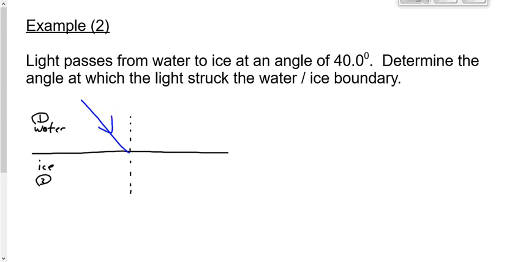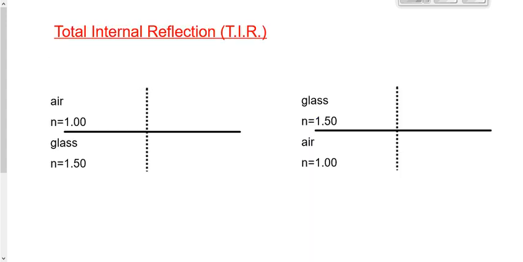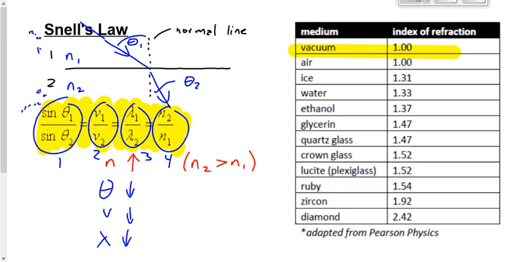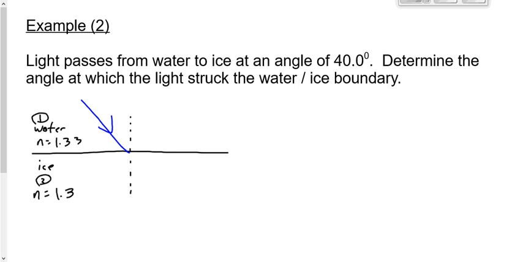Now, what's going to happen to theta here? Let's look back at our indices of refraction for a second. The index of refraction for water is 1.33. For ice, it's 1.31. So as we're going from water to ice, the index of refraction goes down. Not by a lot, but by a bit, right?